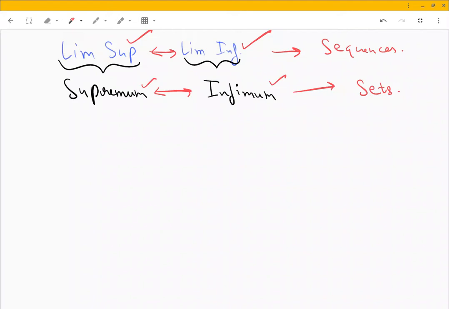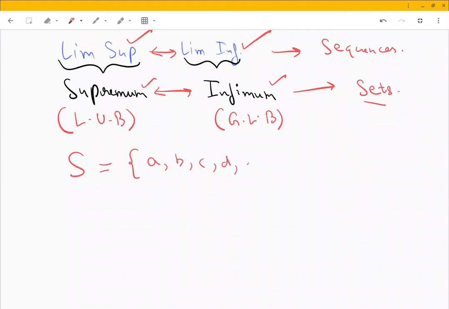Okay, I'll start with supremum and infimum. Supremum is also called the least upper bound, and infimum is called the greatest lower bound of a set, right? So if, say, you have a set S which has A, B, C, D, E in increasing order, that would not make sense.